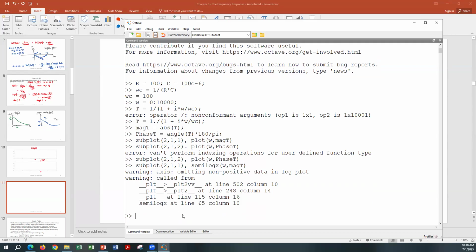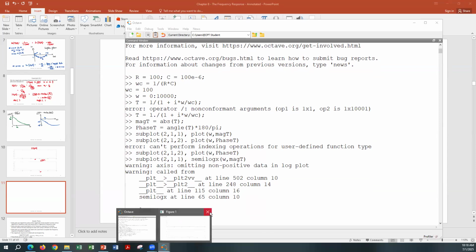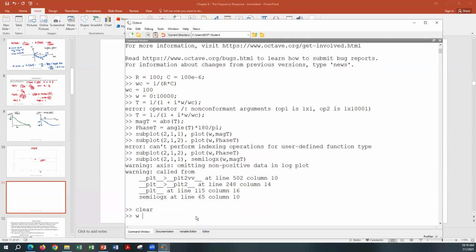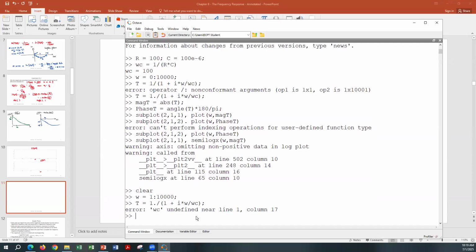Semilog of omega equal to 0 does not exist. I think that's why it is. Let me clear it. So we're going to start the range a little later. Let's start the range at 1 and go up to 10,000. Omega c is not defined. Okay, oh, I cleared everything, that's why.